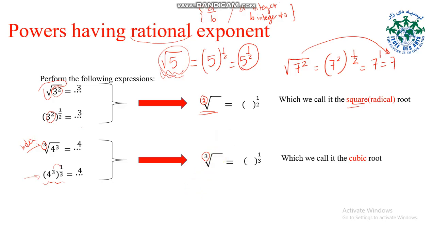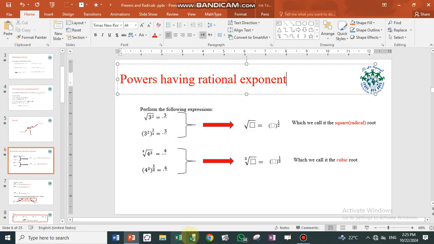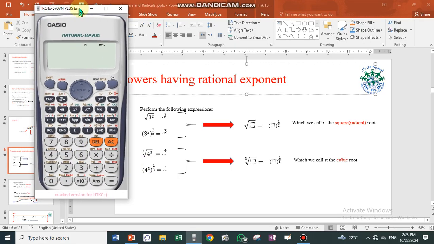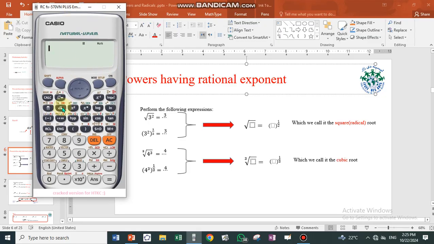Using a calculator, I can show you where you can find this kind of radical to perform some calculations. Okay, before we go to the other slide, if you have this type of calculator, you can see the golden writing.